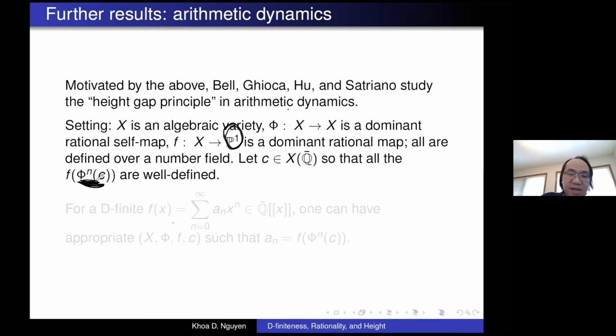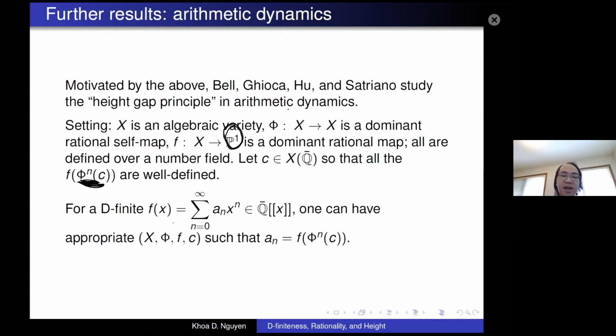And for a D-finite one variable function, you can find an appropriate X, phi, F, c so that these a_n are actually f of phi^n c. So you can say that their work is a generalization of our earlier work, at least for one variable functions.